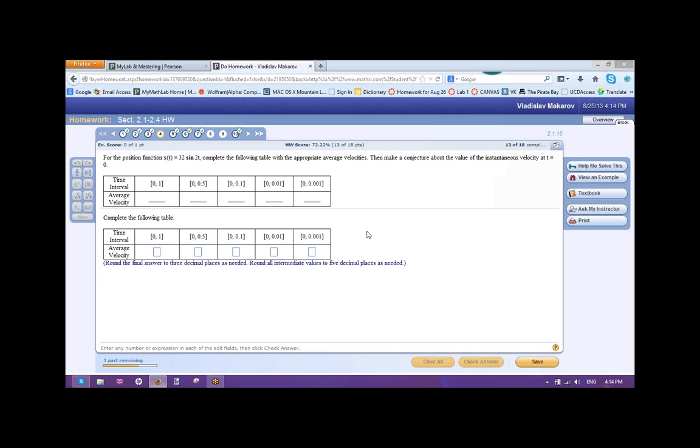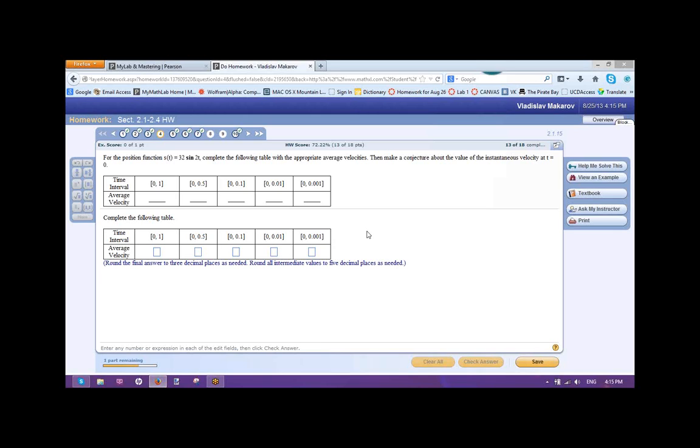What you will see is that the average velocity is approaching a certain number as h gets smaller and smaller. Your average velocity will begin to approach the instantaneous velocity at t equals 0. So whatever number this appears to be approaching, that's what you would suggest would be the instantaneous velocity at t equals 0.